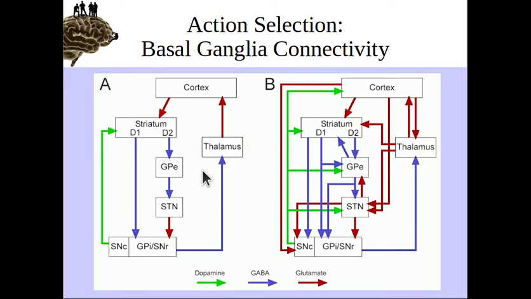So that's a picture. What have people done to try to understand this? Couple of different approaches. One approach has been that what's happening here is I have a group of neurons up here, one set of neurons that are sort of "should I do this action," and another set of neurons, "should I not do this action?"